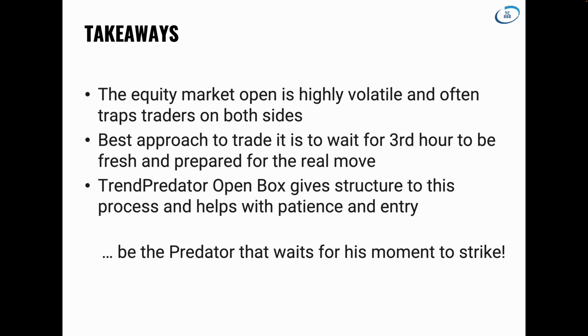And then open box indicator, Trend Predator Open Box gives you the structure to really see what's going on. This whole process helps you with patience and then especially with your entry and also with your target and trade management. The goal is to be the predator that waits for this moment to strike and not be the prey that is destroyed with the open.